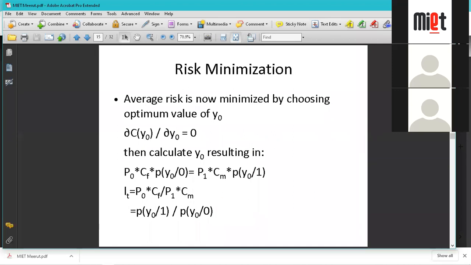So it becomes another minimization problem. How can we minimize? By choosing the right place of the threshold. So what we do is we take the first order partial derivative of the cost matrix with respect to y naught and put it equal to 0. Yes, please. Let's go to the next one.